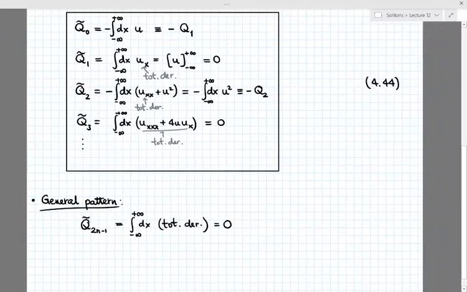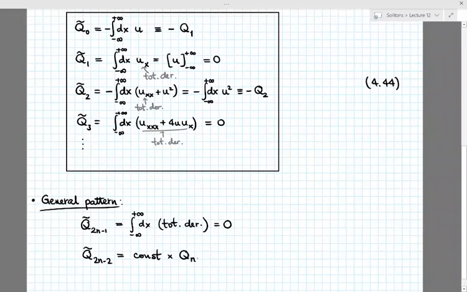On the other hand, the even charges, Q tilde 2n minus 2, do not vanish, but they can be shown to be equal to a constant times, say, the nth non-trivial conserved charge of the KdV equation found using the method of Gardner, Kruskal, and Miura, so found by hand.